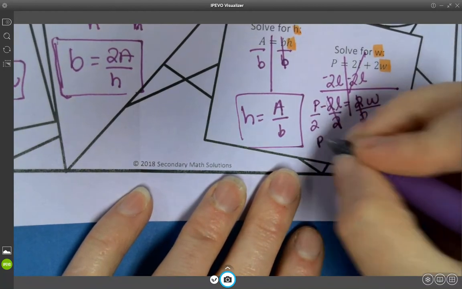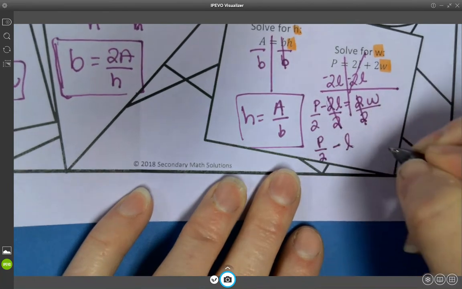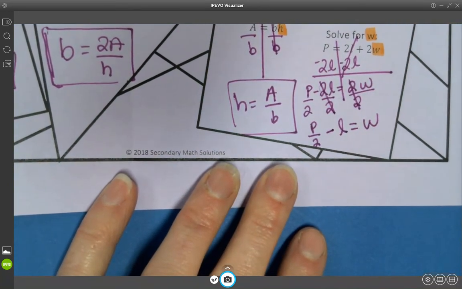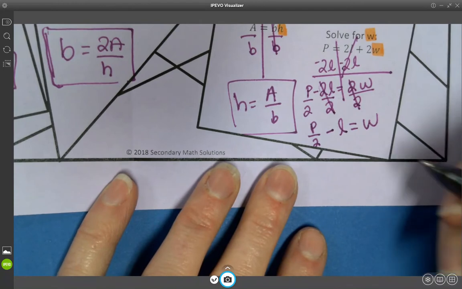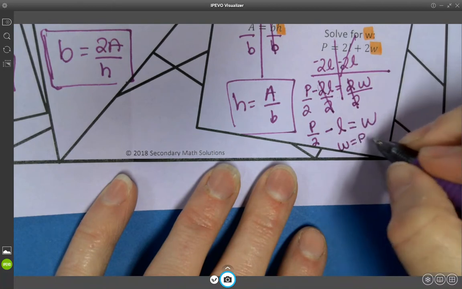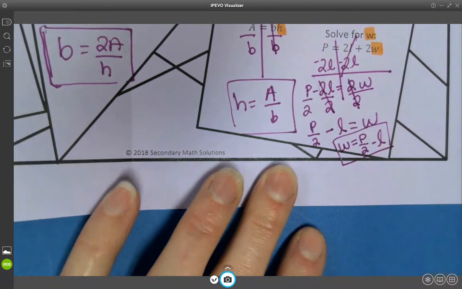And we're left with P over 2 minus L equals W. Yeah, this one's a long one. Go ahead and rearrange it and do W equals P over 2 minus L and put a box around it.